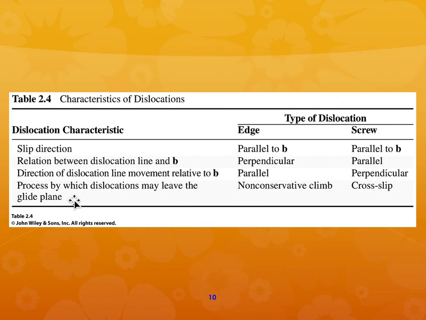If you have dislocations in one single plane, edge dislocations would move by the process of non-conservative climb, which means that you have to provide extra energy through heating so that the atoms can diffuse from one point of the lattice to another.